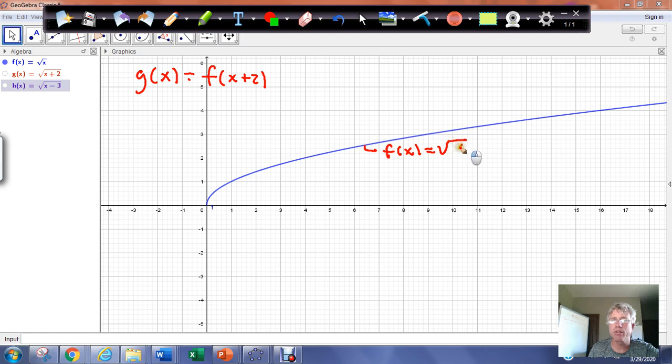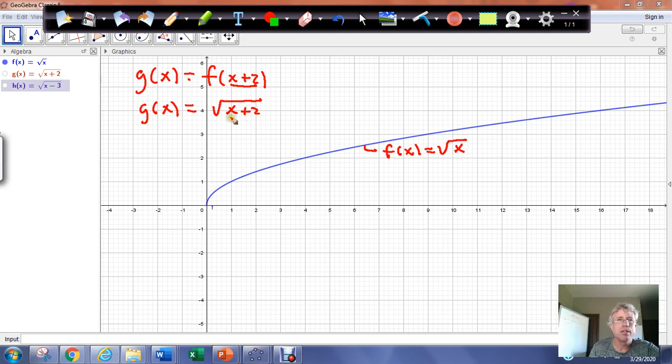That's why the introductory video just looked at the shape of each of the toolbox functions. So what we're really trying to do is construct a new function g that is given by taking the toolbox function, the square root of x, and replacing the x with x plus 2.